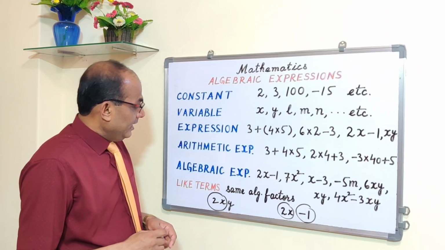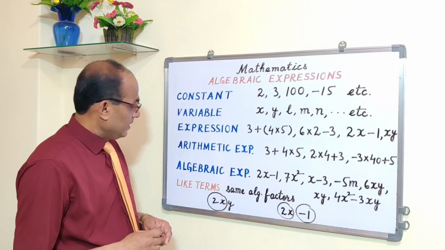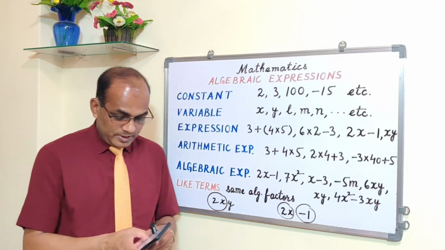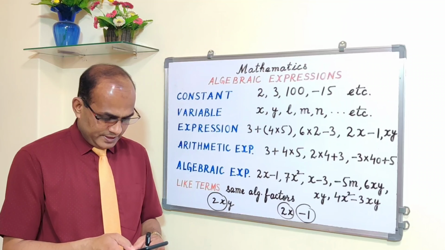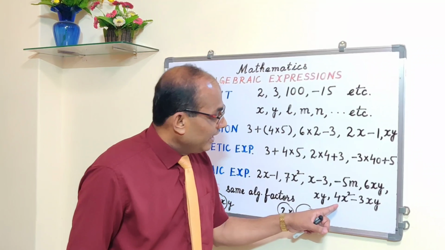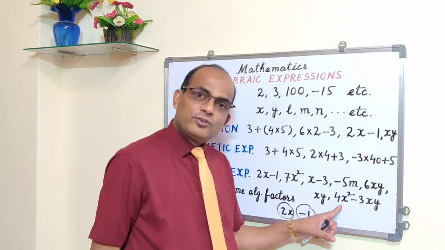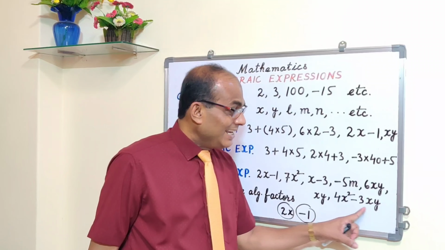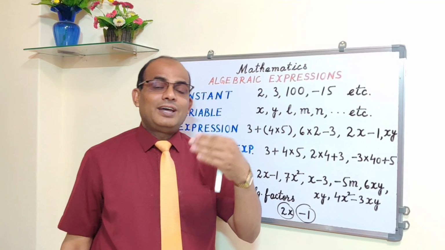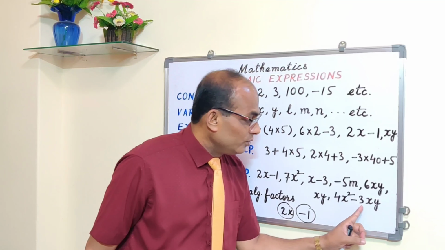Okay. Now, after this, as I told you, terms are added to form expressions. For example, here, in this there are two terms. One is 4x square and the other one is minus 3xy. As I told you, we say that terms are added. So this minus goes with this term.